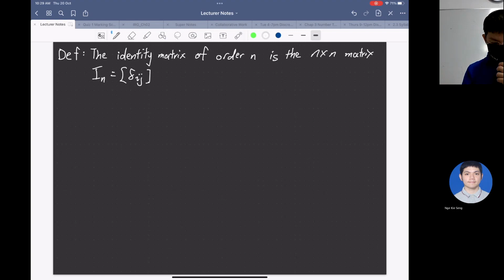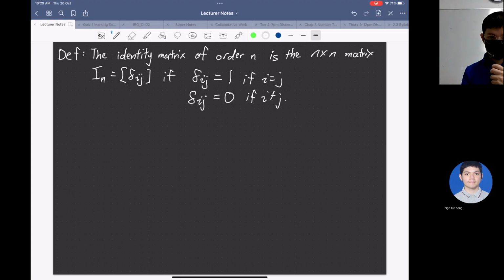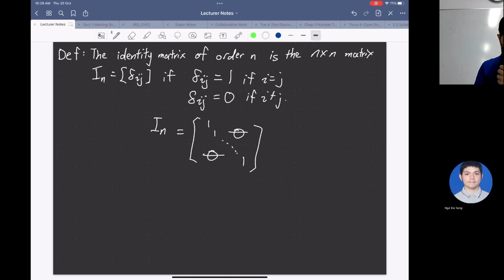What's this Kronecker delta? The entry is 1 if i equals j, and it is equal to 0 if i is not equal to j. So for example, In looks like this: 1 on the diagonal, and 0 in the other places. For example, I2 is equal to 1, 0, 0, 1.